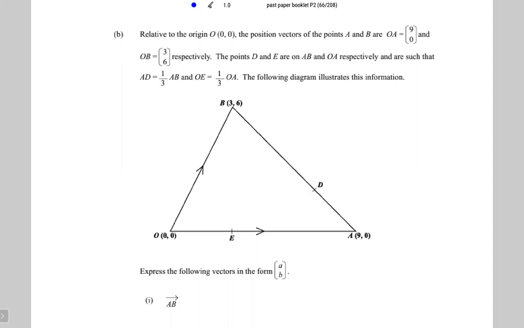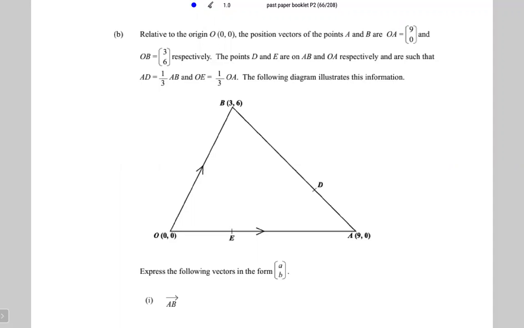It says the points D and E are on AB and OA respectively, and are such that AD is 1/3 of AB, and OE is 1/3 of OA. The following diagram illustrates this information.